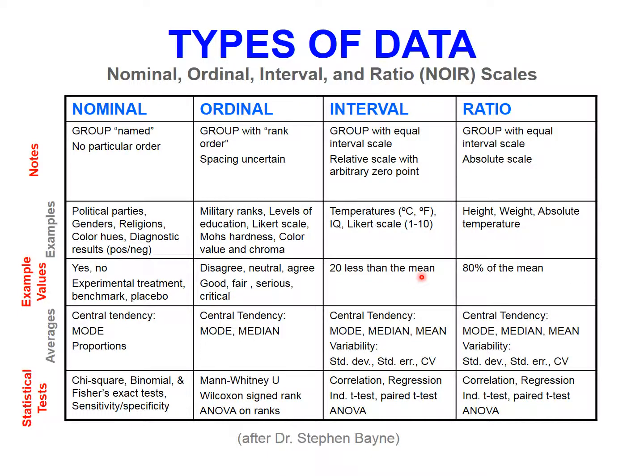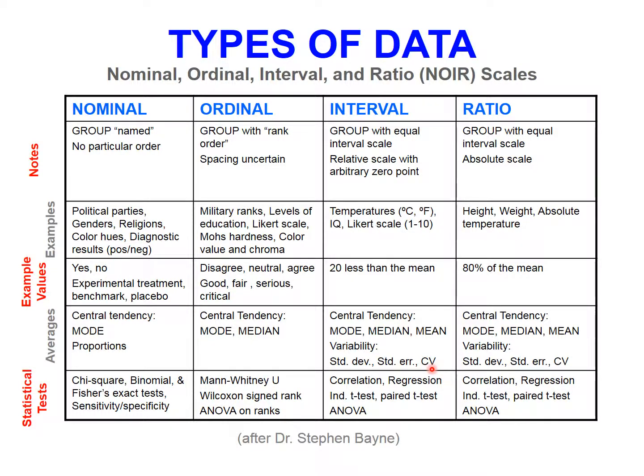And when we have interval data, now we have open to us a wide variety of descriptive statistics. We have the mode and the median again. Now we can have means, standard deviations, standard errors, and coefficients of variation, which again is the standard deviation divided by the mean. We have more advanced tests we're allowed to do with interval data.